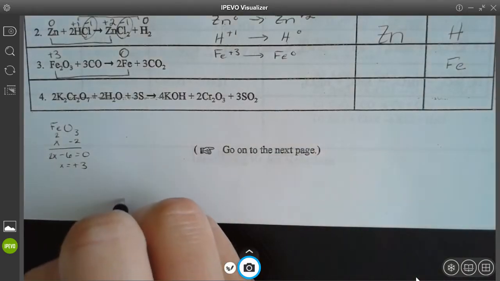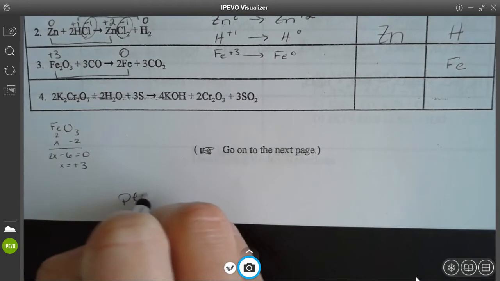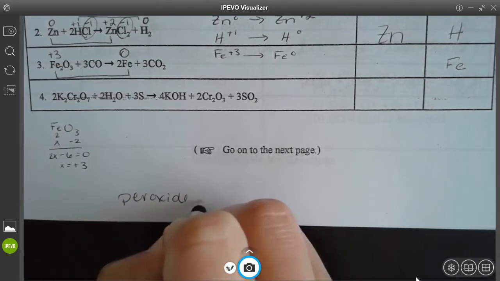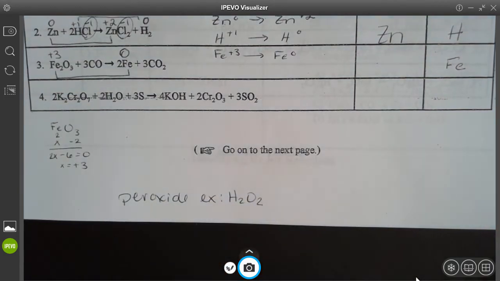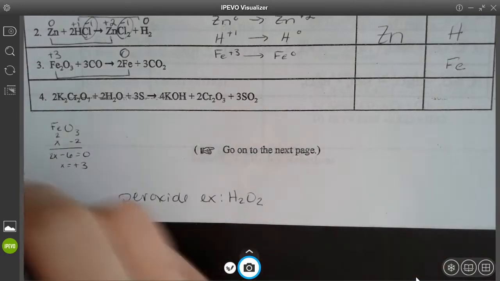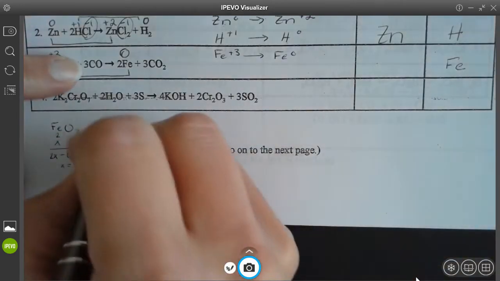Our main example of peroxide is hydrogen peroxide, and we don't have that. There are other peroxides, or oxygen bonded with fluorine, and we don't have fluorine in here. So I'm going to focus on this carbon.